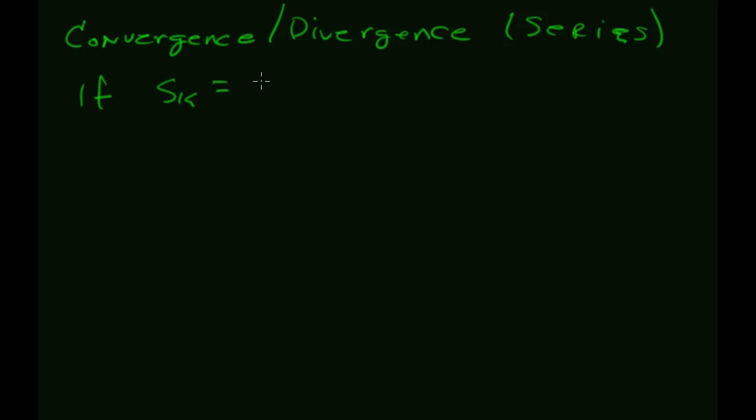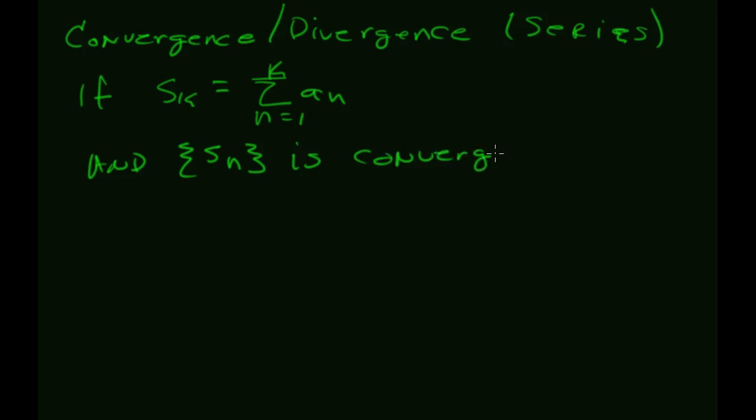If each partial sum is the sum from n equals 1 to k of a sub n, and this sequence S sub n is convergent, so if that sequence has a limit, and you can refresh the idea of a limit of a sequence in the last video, then we say that the sum is convergent.